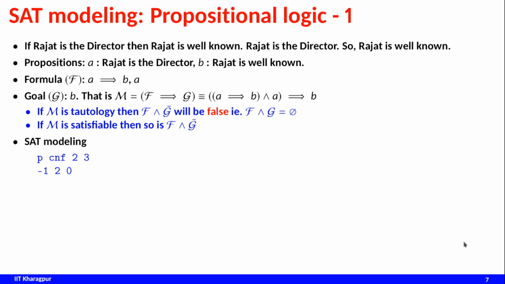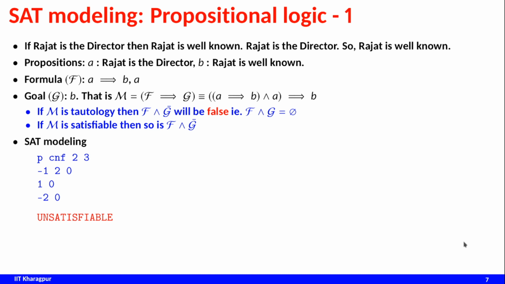A implies B, when converted into CNF form, is nothing but not A or B. So effectively I can say this is -1 2, assuming that A is 1 and B is 2. Now A I can simply represent as 1, and this 0 just specifies the termination of the clause. Similarly, for the goal, it is B, and I have to take the negation of that, so effectively it will be -2 0.